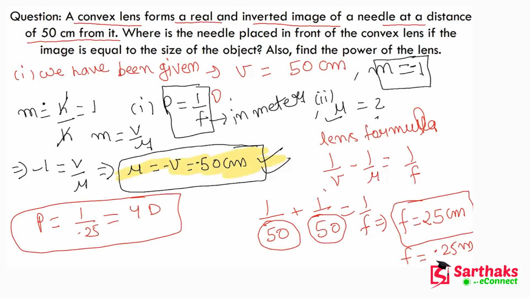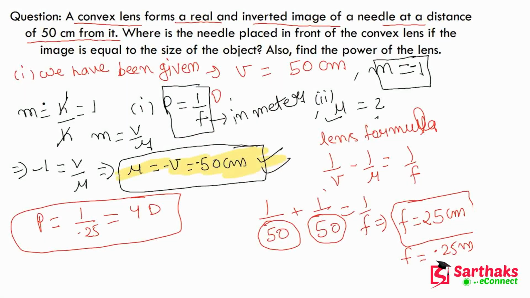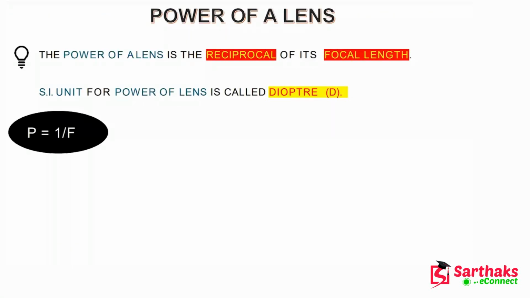Let's try to understand what is there for us. So here we are. This is the next slide. In this slide, we have to discuss the power of a lens, which I had told you when we were solving the previous numerical. So the power of a lens is nothing but the reciprocal of focal length.